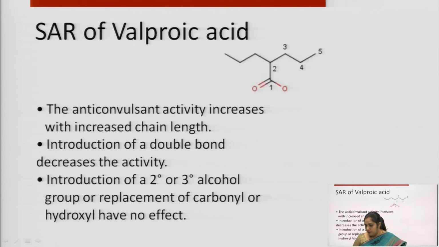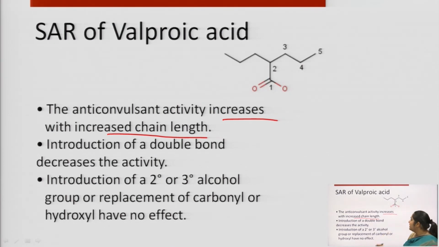Now we will look at the structure activity relationship of valproic acid. As we talk about the anticonvulsant potential of these valproic acid derivatives, the anticonvulsant activity increases with an increase in the chain length. As the chain length increases, the activity also increases.